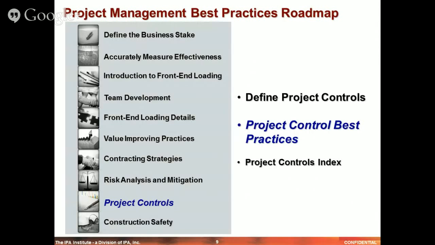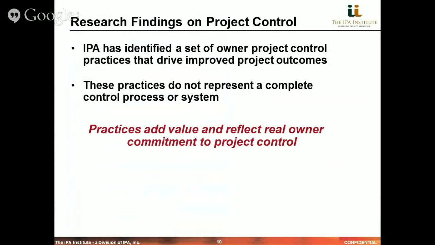So that was meant to be just a very high-level, brief introduction to project controls as a way to begin this next discussion around project control best practices based on our research. Now, I want to emphasize, IPA has identified this set of owner project control practices that our data clearly show drive improved project outcomes.